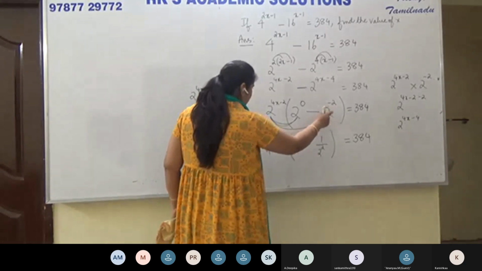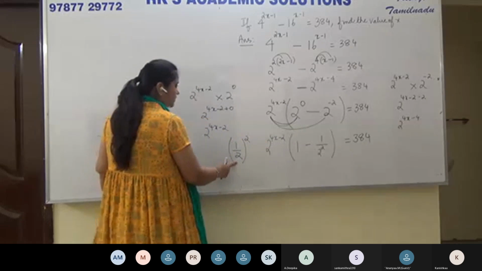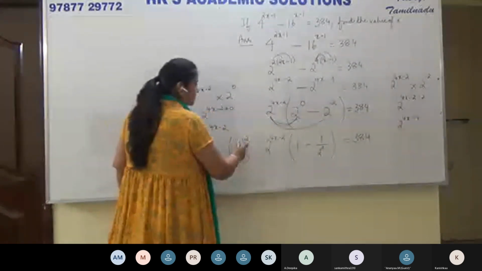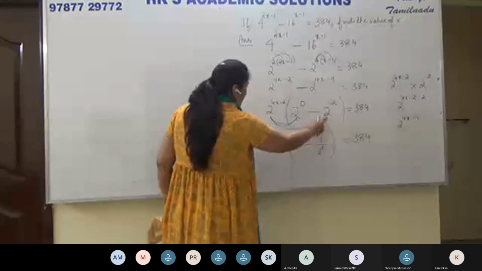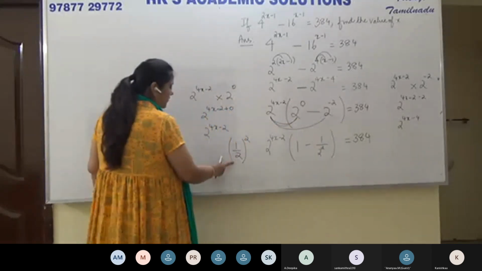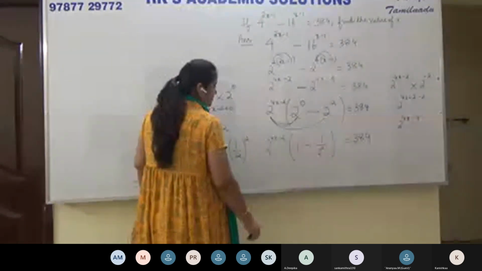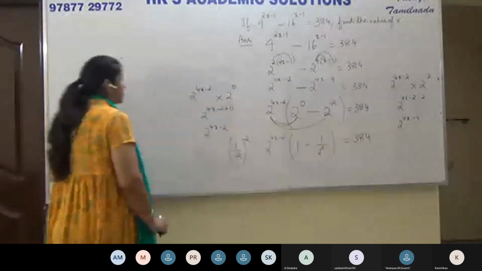The base is 2. Reciprocal of the base is 1 by 2. The power is minus 2. The negative of the power is plus 2. So the equivalent of 2 to the power minus 2 is 1 by 2 the whole squared. And this can also be written as 1 by 2 squared is equal to 384.